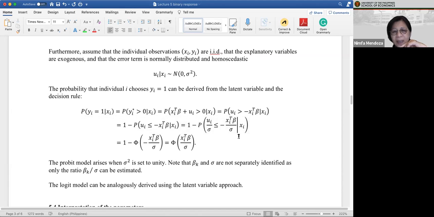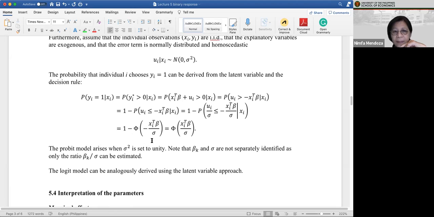So we get this: 1 minus the CDF evaluated at minus x transpose beta over sigma. But because of the symmetry of the standard normal distribution, this is equal to phi of x sub i transpose beta over sigma.